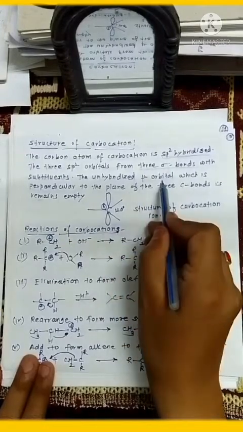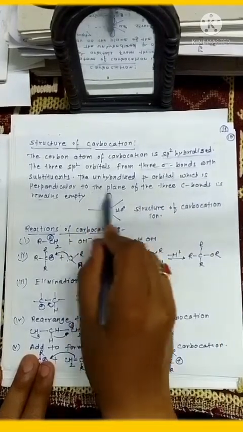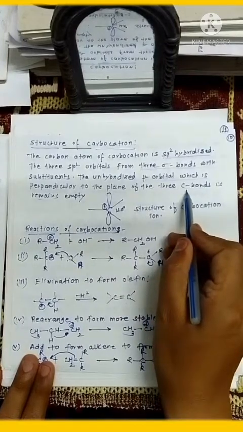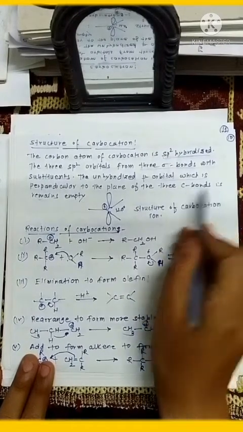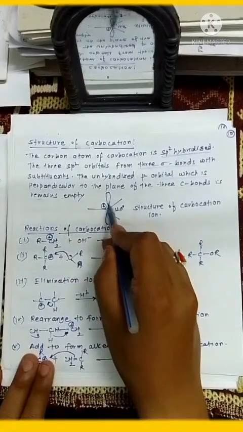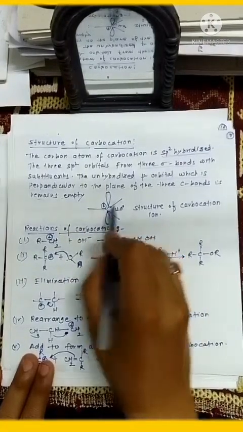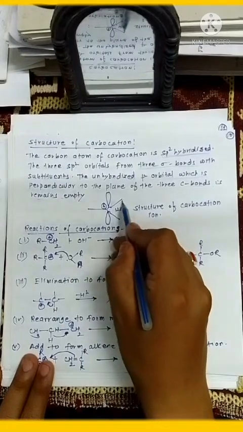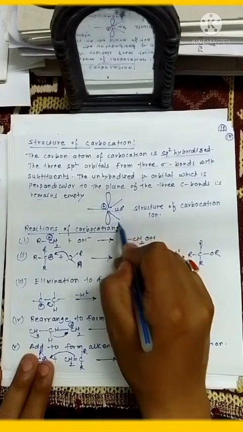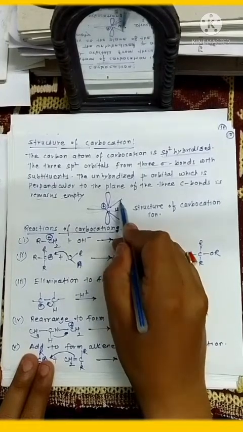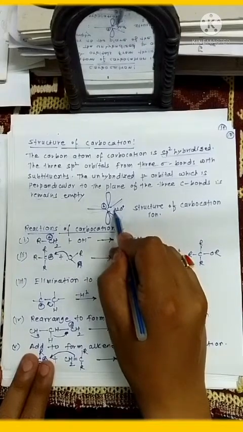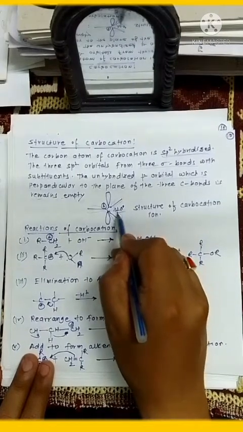The unhybridized p orbital, which is perpendicular to the plane of the 3 carbon bonds, remains empty. So just see here, this empty p orbital is perpendicular to these 3 hybrid sp2 orbitals. The angle between hybrid orbitals is always 120 degrees.